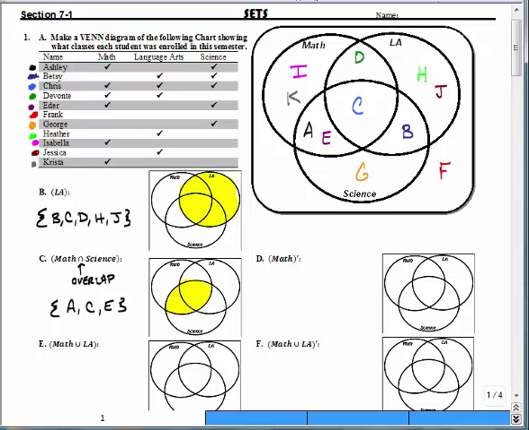Right, the next one's a little bit stranger. It actually says math complement. That little prime right there stands for complement, and it means everything but math. So basically I'm going to go around the outside of math and not include it.